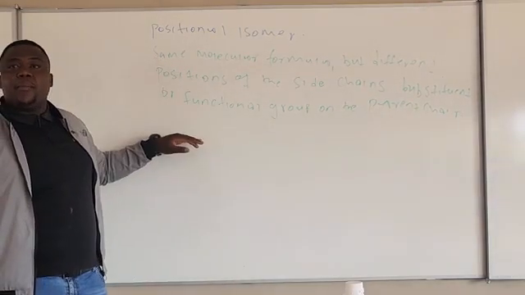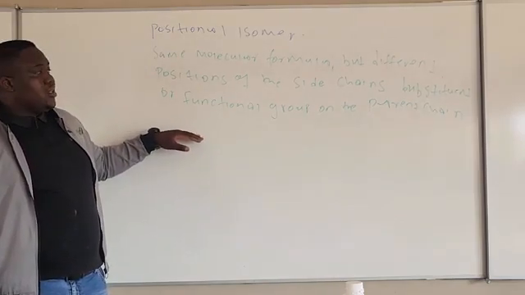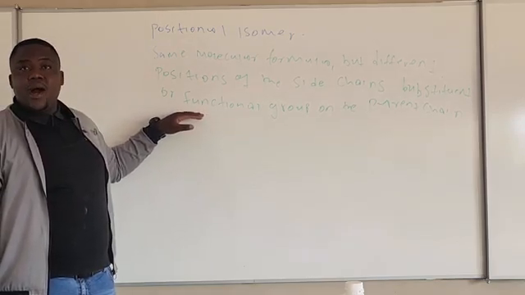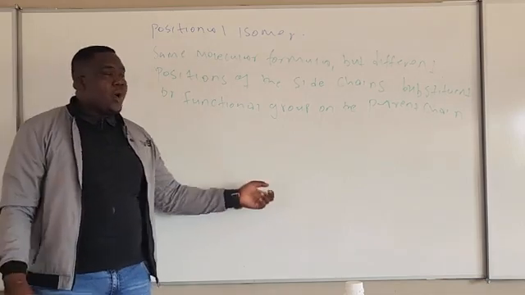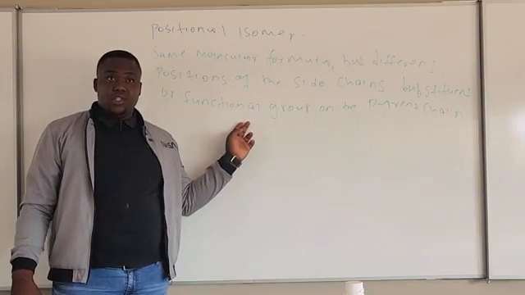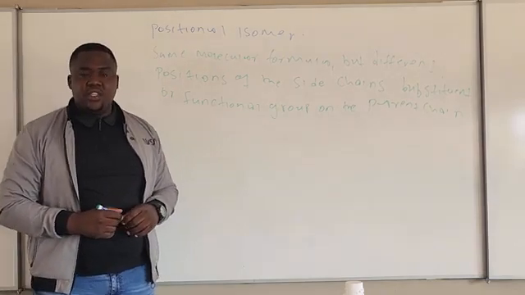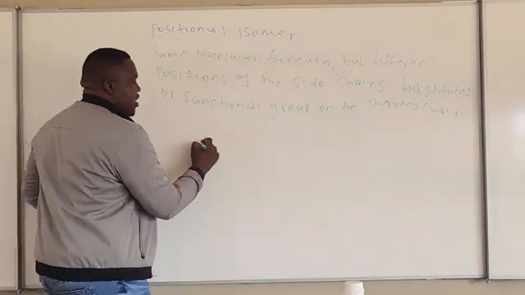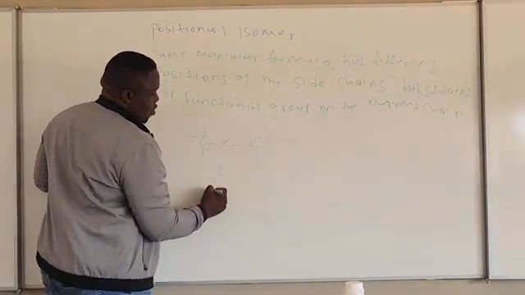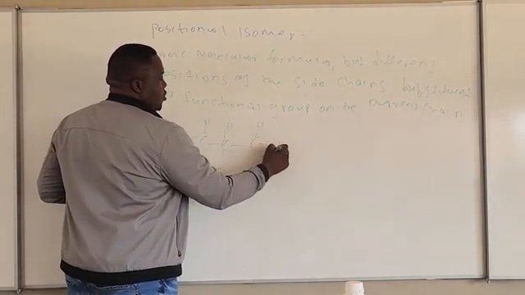Positional isomer, it means the branch or the functional group are not in the same position. The one which we were doing just now is a positional isomer. Did you see it? Because the OH is not in the same position. Look at this one, guys. OH.